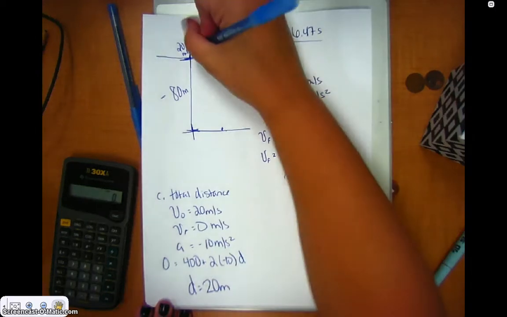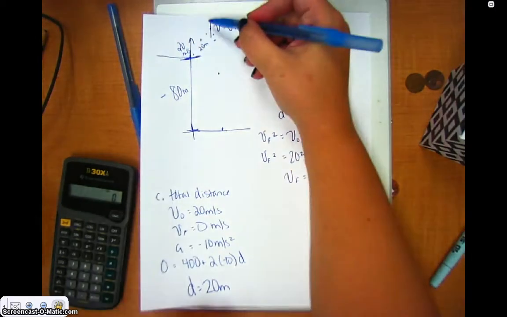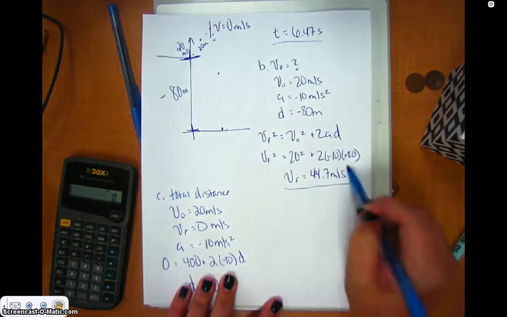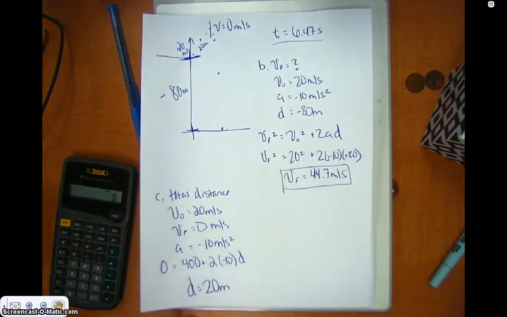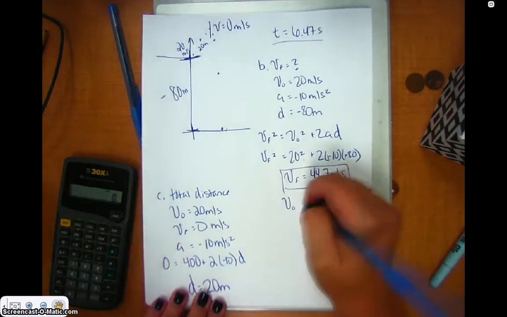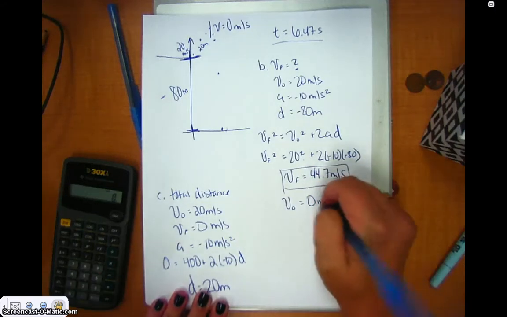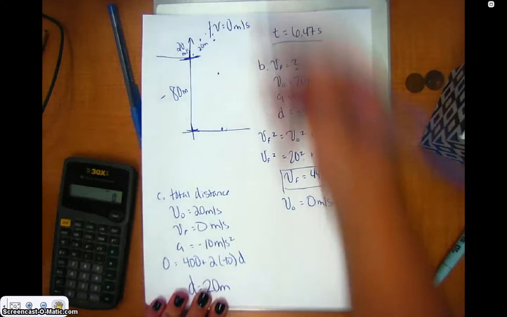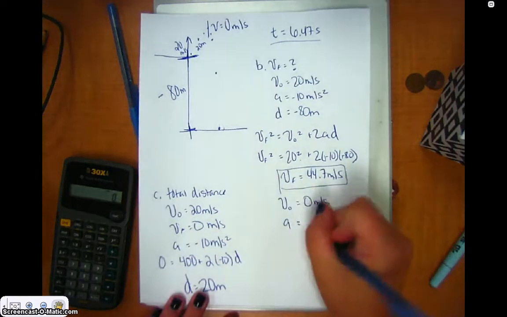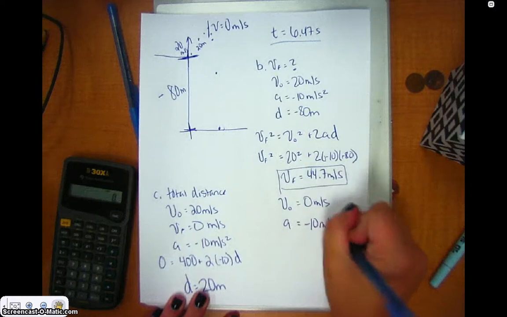Okay? So that's part of it. Now I need to figure out the distance down here. Well, I have the final velocity at the bottom. So that allows me to use this same equation again. This time, I'm going to say that my V initial is 0 meters per second because I'm starting at the top. My V final is 44.7. My a, again, is negative 10, as always.